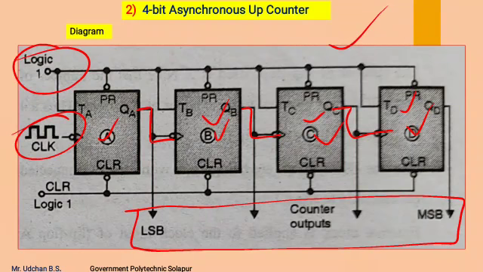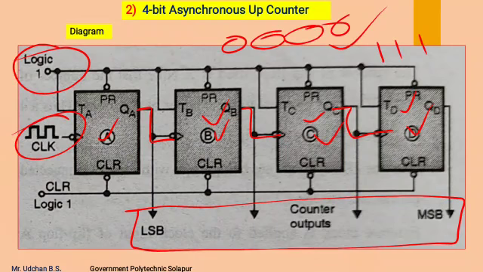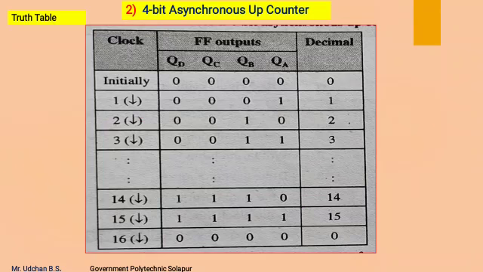The operation is the same as that of the 3-bit asynchronous counter. The only difference is it is 4-bit, means counting starts from 0000 and ends at 1111.